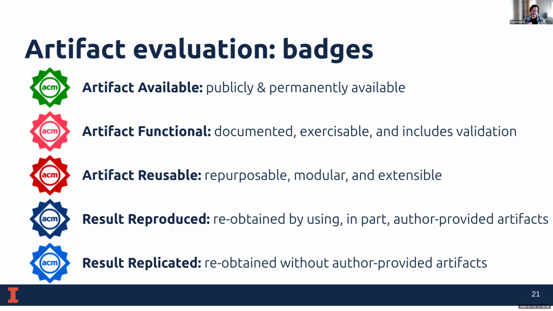And there are also badges for when other folks in the community can re-obtain your results. You have results reproduced, which means that these results have been re-obtained by using partially author-provided scripts, artifacts and guidelines. This could be as simple as following a README or reading an appendix to a paper. And then the last badge, which is the most powerful, is results replicated, which means that an independent set of community members have re-obtained your results without any author-provided artifacts.